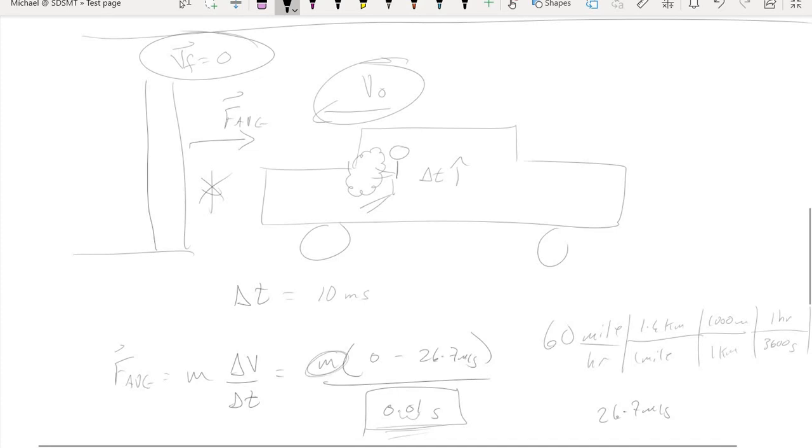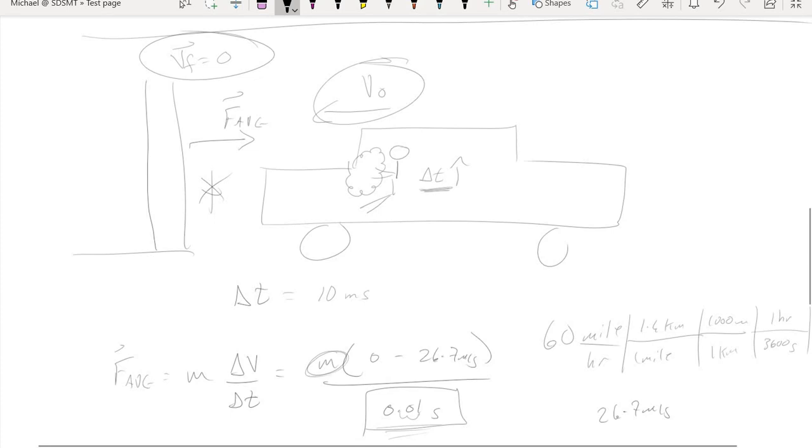And as that time interval increases, the average force that the person experiences decreases. Now, that's not to say that it's not going to hurt. Airbag deployment is very fast, and your body is still going to be brought to a halt over a very quick time interval, but it's a time interval that's long enough to reduce the average force so that it doesn't cause as much damage to you.